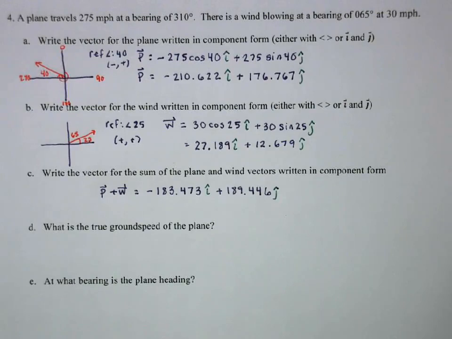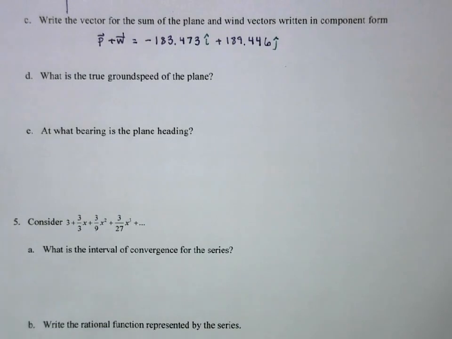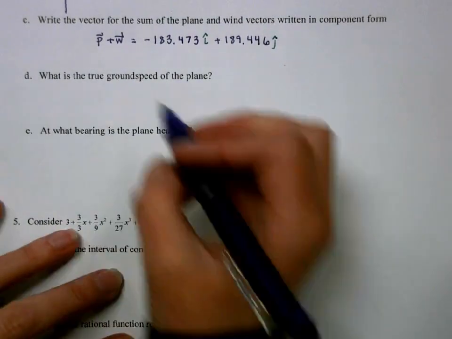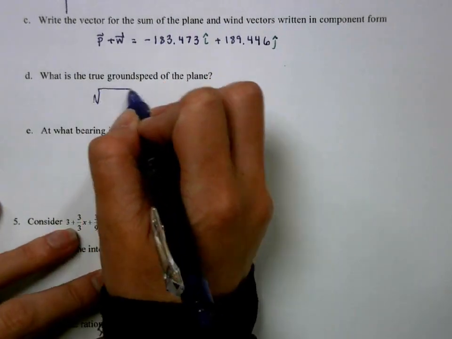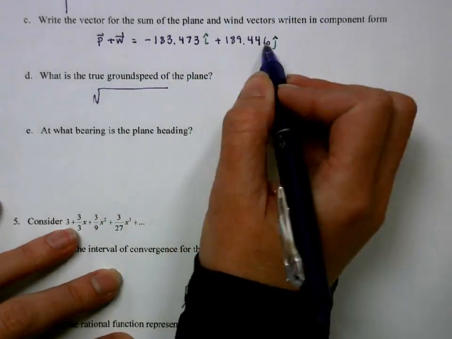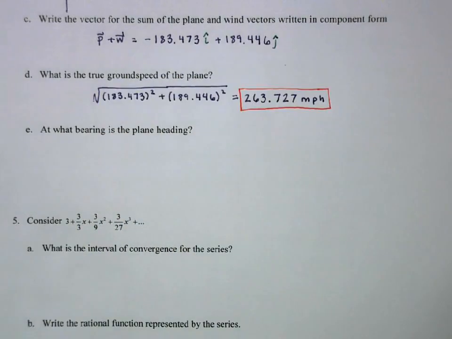Now we're going to turn it back into what's actually happening. What is the true ground speed, which is going to be the magnitude of this vector, and what the bearing is. For this, we're going to do the square root of this squared plus this squared. So this is our ground speed.